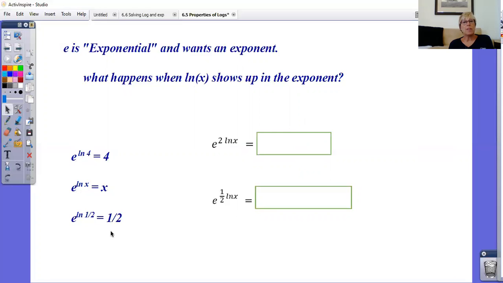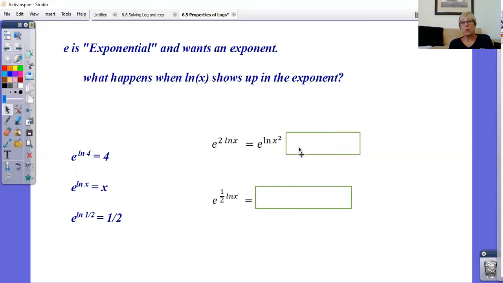Same thing here. Now in these examples, you can't just cancel out the e and the ln if there's something in between them. Notice here, there's nothing in between the e and an ln. Here is a 2. But remember, ln has that super ability to take the number in front and move it up as the exponent of the argument. So I'm going to write it like this.